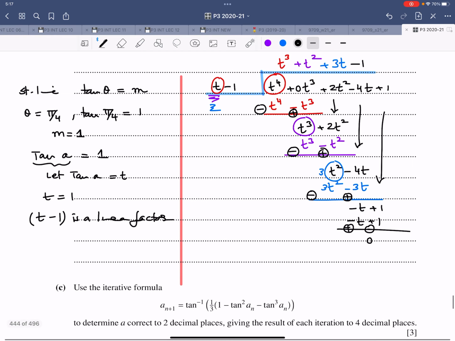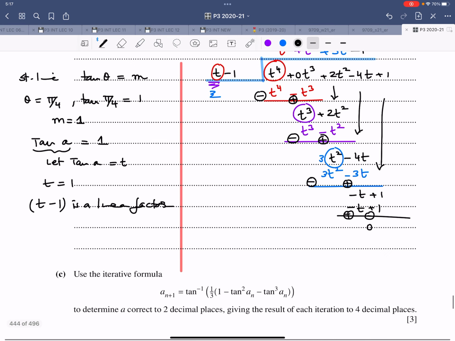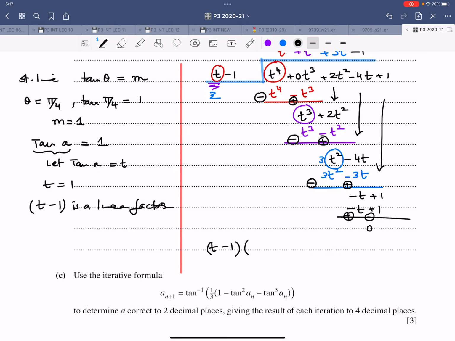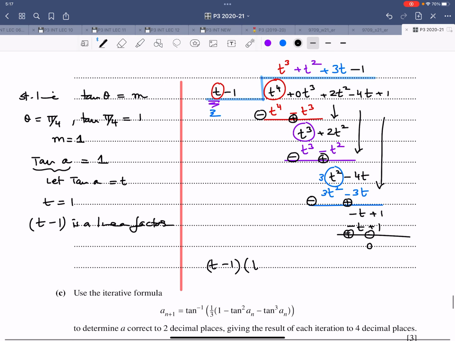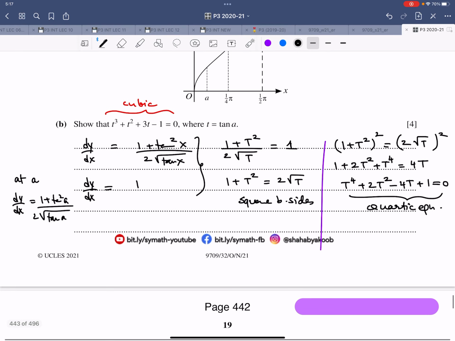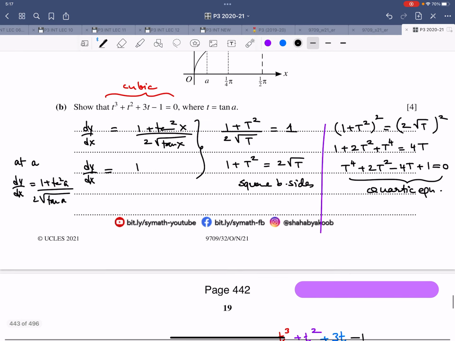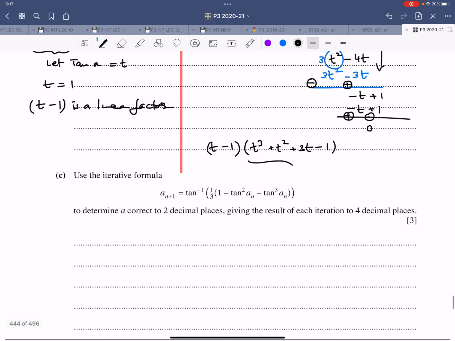That means the function is basically t minus 1 multiplied with t cube plus t square plus 3t minus 1. I think this is the working that they were asking for, where t is equal to tan A. This thing is equal to 0. Now based upon this, all of a sudden, they have made use of an iterative formula.